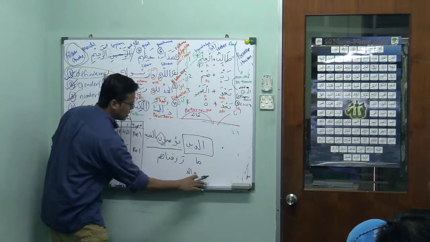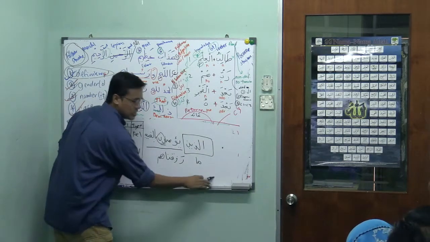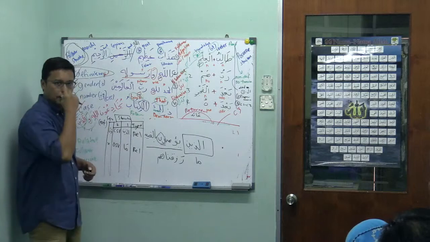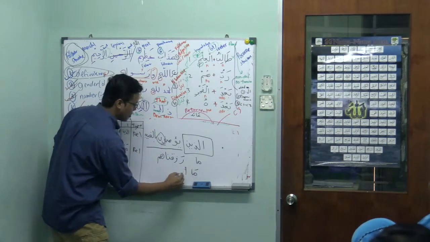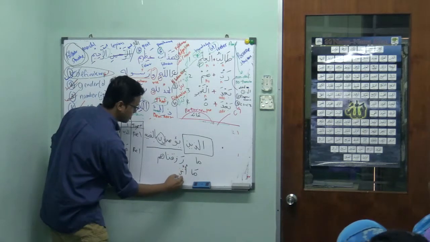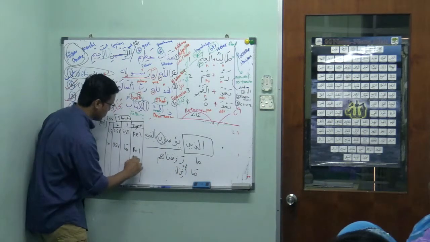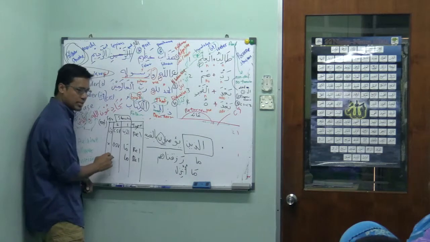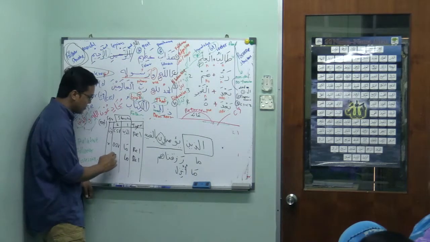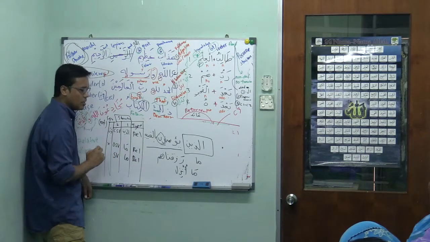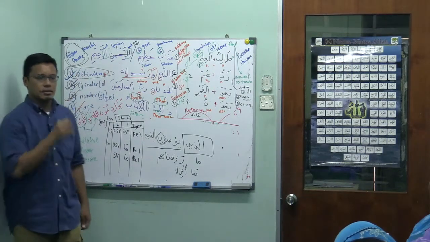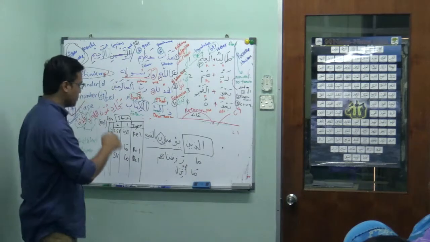Next, what's next? Walladhina. Okay, we skip this first. Next. Ma unzila. Okay, what type is it? Relative, because there's a ma. And then you will write unzila here, or you write there's a V and S. Right? So, is there a returner there in ma unzila?